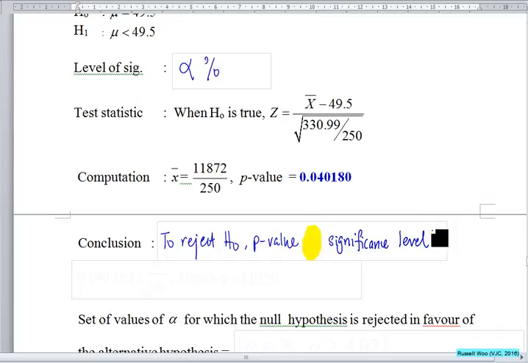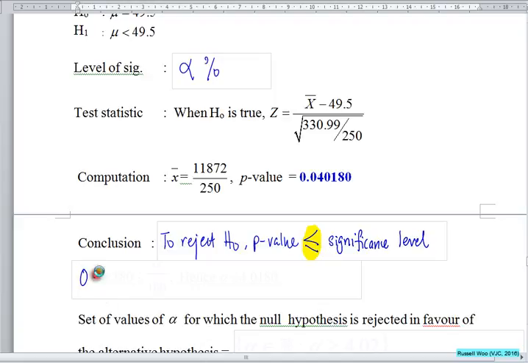If I reject, the p-value must be smaller than or equal to the significance level. Some of us will question why we must have the equal sign. I'm not going to answer now, but just remember this by convention: to not reject, there is no equality sign; to reject, there is an equal sign.